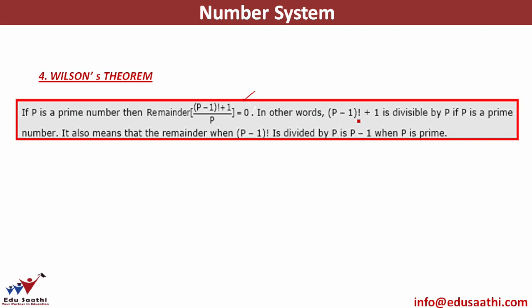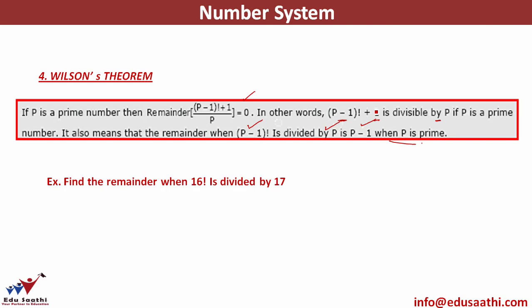I'll just explain it again. In other words, p minus 1 factorial plus 1 is divisible by p if p is a prime number. It also means that the remainder when p minus 1 factorial is divided by p is minus 1. Minus 1 means p minus 1 when p is a prime number.